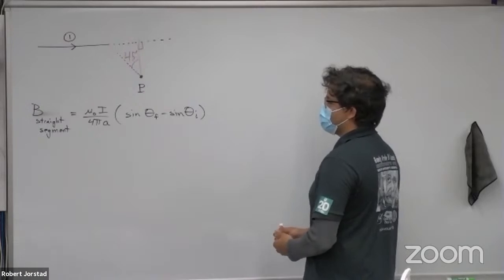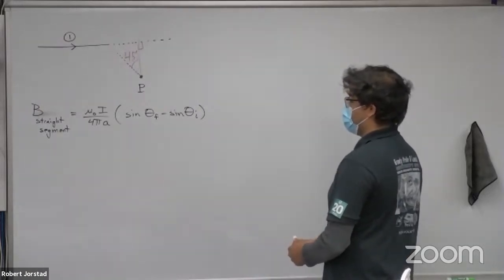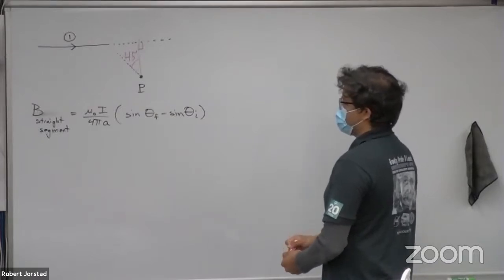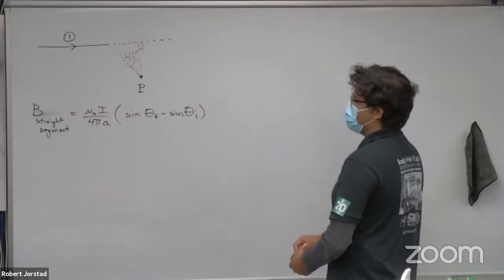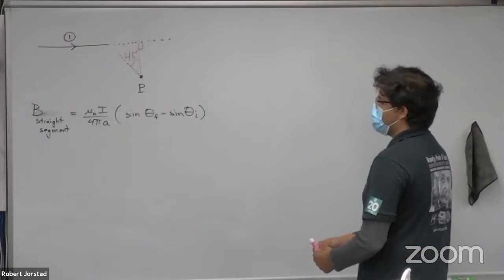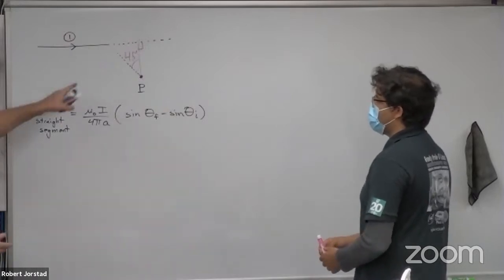Is that the initial or the final? Is that the starting point of this segment or the ending point, in your opinion? Ending. Do you agree it doesn't matter really? Because we're going to get the direction separately, right? This is just to get the size of it. So let's call this the end.